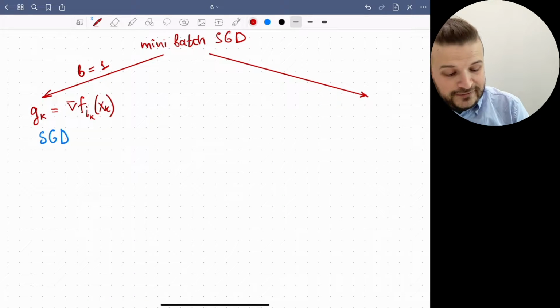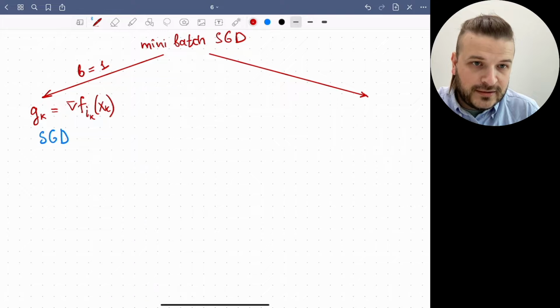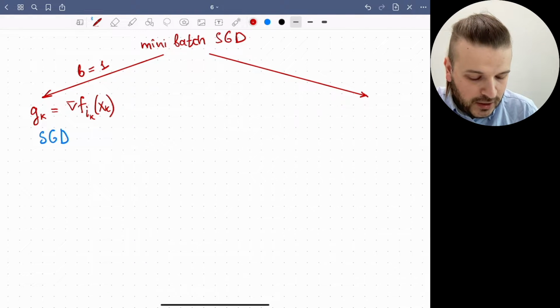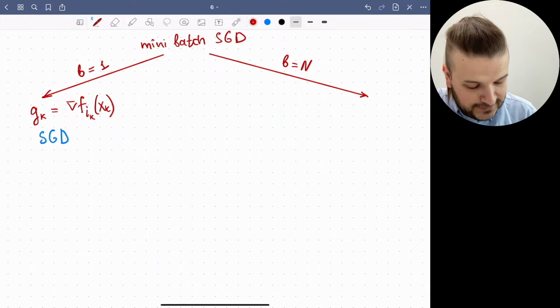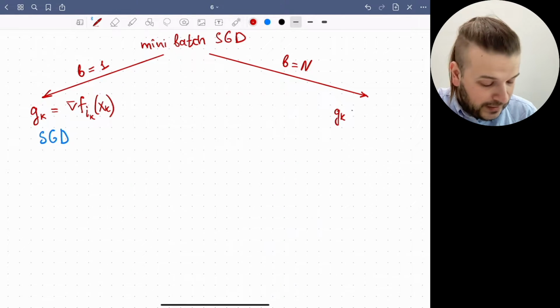But we can also have another extreme option, where the batch size is equal to the number of points in the data set. In this case, our stochastic gradient will become a full gradient or vanilla gradient.